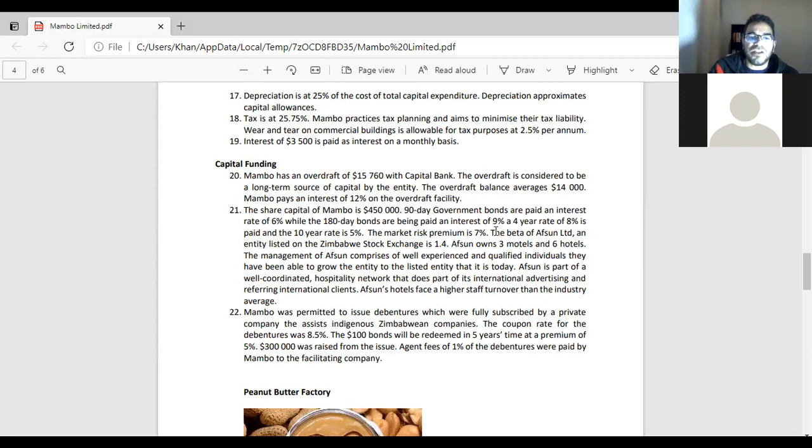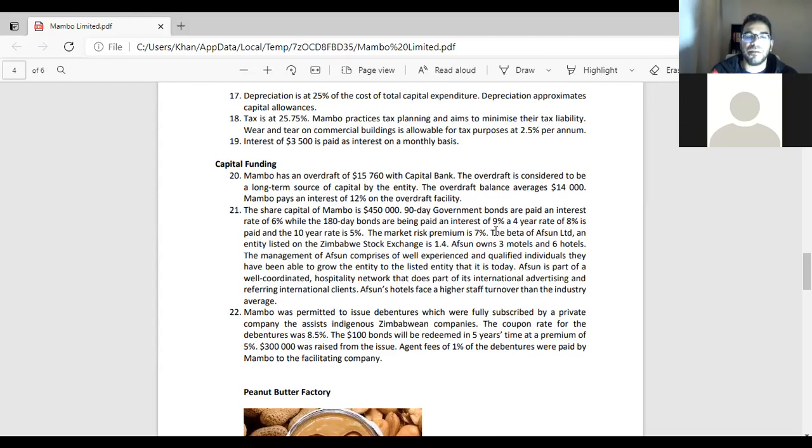The coupon rate for the debentures was 8.5%. The $100 bonds will be redeemed in 5 years' time at a premium of 5%. So there you can see there is a specific date of repayment in 5 years' time. So therefore, it is a redeemable debt instrument.